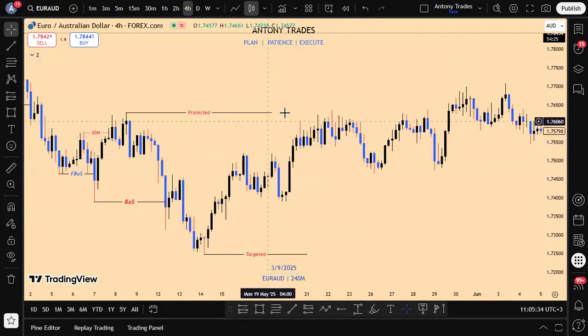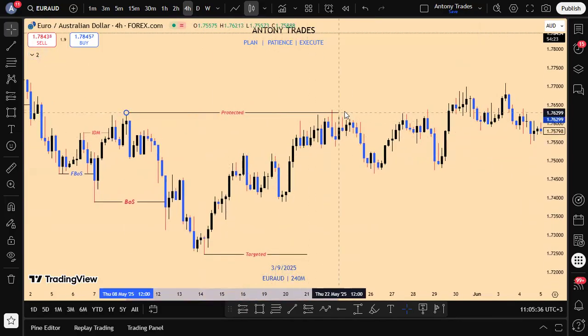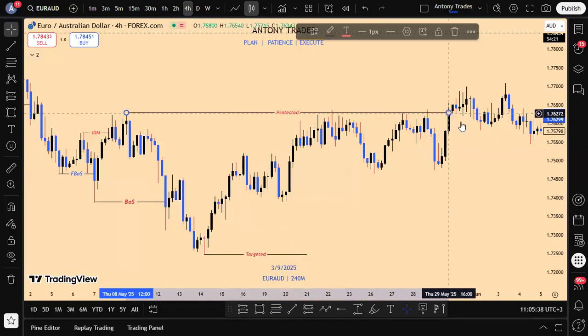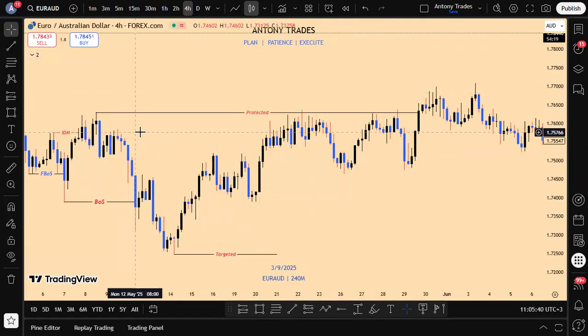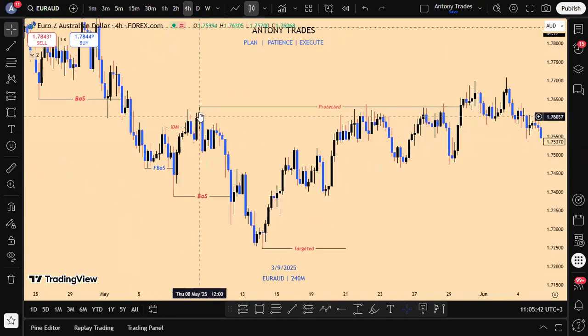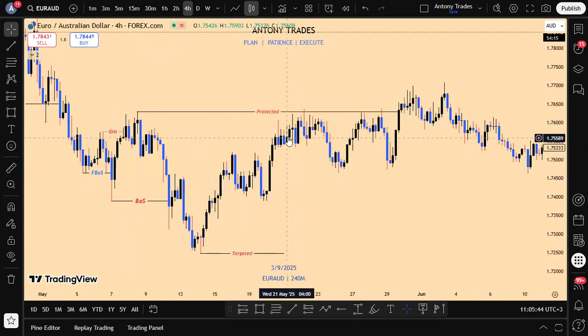So let's extend this line of ours and see. The reason why we are saying this high is very strong is that you can see the market tried to break at this point, it failed. Came back again, tried to break this high also, and also failed.